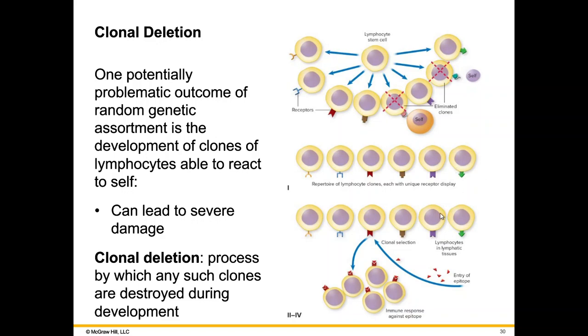So now what will happen is that we have a population of these lymphocytes that don't recognize self, that are specific to anything non-self. And then when we come into contact with a pathogen, and again I'll draw a little bacteria cell over here, it's going to have antigens on its surface, and those antigens are shown here.